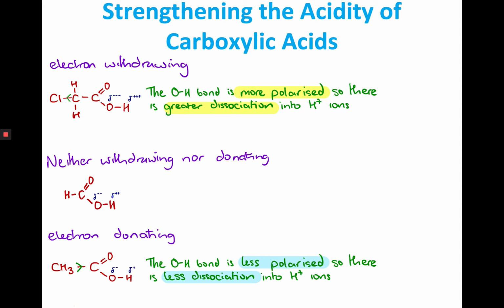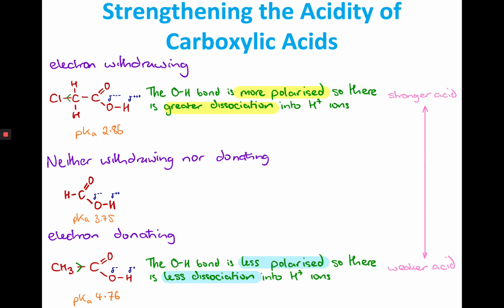It still has partial charges, but compared to the other two, those partial charges are not as different. So that bond is stronger comparative to the others, so it's harder to break, and so we get our trend in terms of the strength of acid.